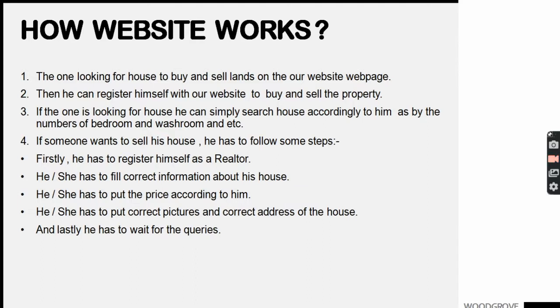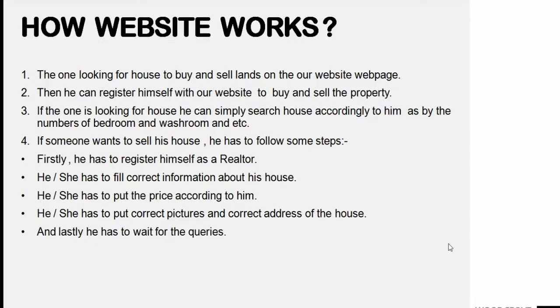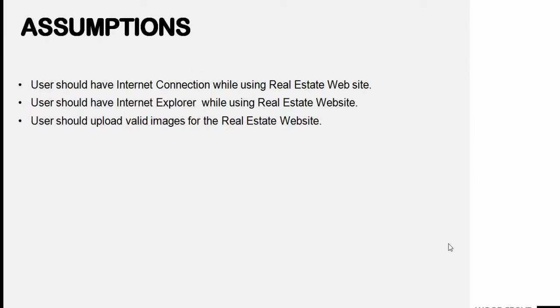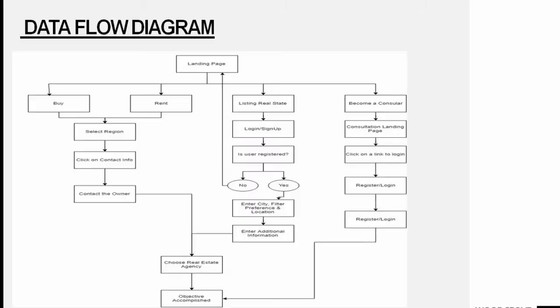He has to fill in correct information about his house, put the price according to him or the local buyer, and he has to put correct images and the correct address of the house. He has to wait for the queries. The assumptions to connect to this website are that the user should have an internet connection, Internet Explorer, and should upload valid images for the real estate website.